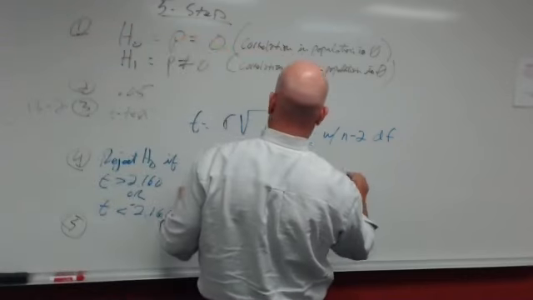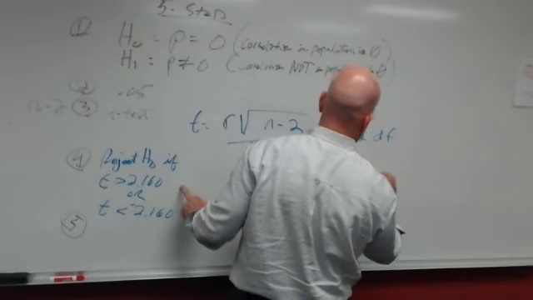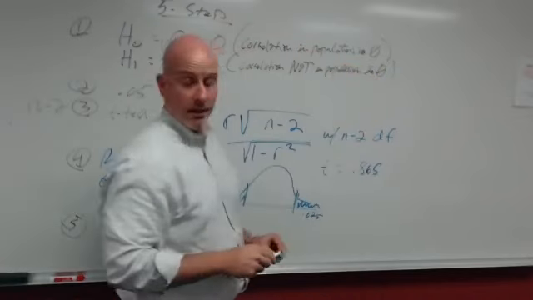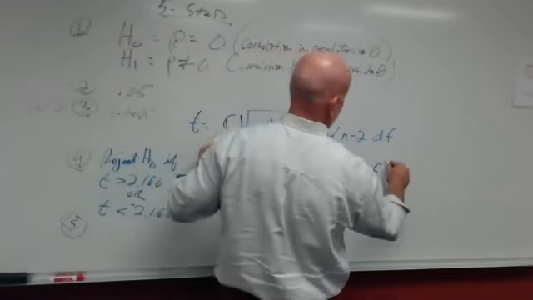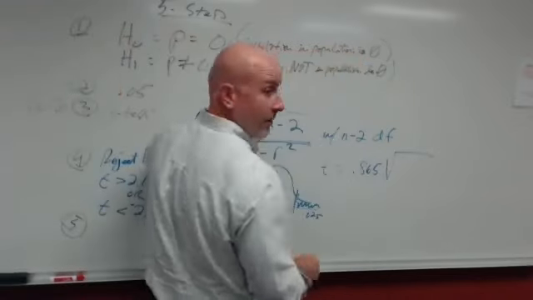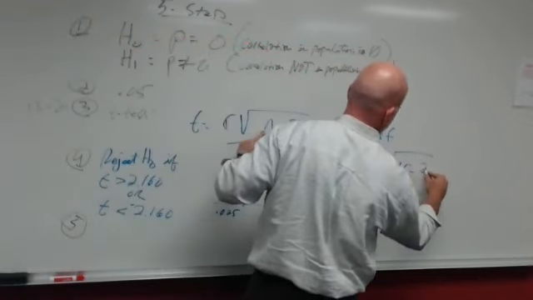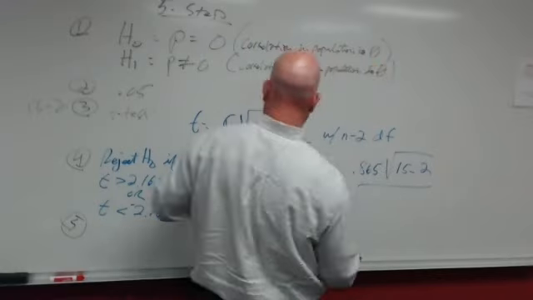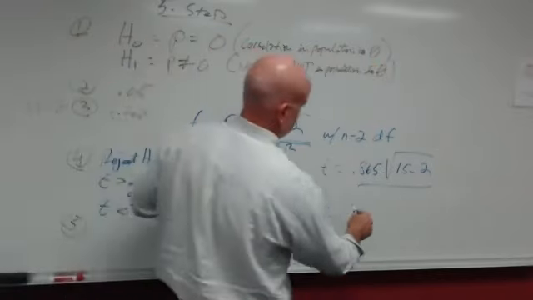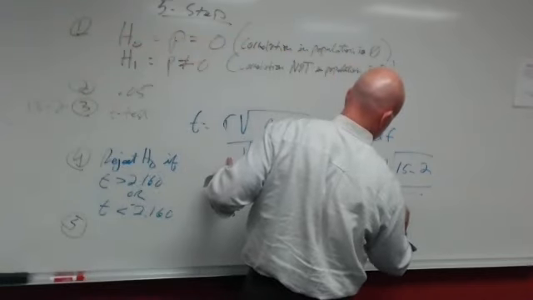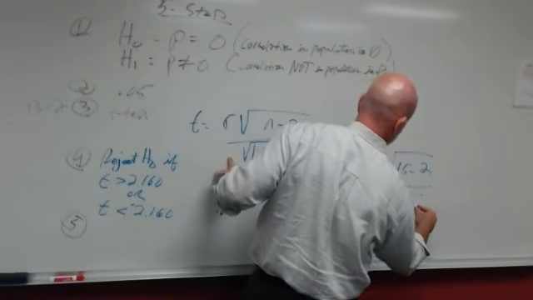So if we solve for this right here: 0.865 times the square root of what was our sample size, 16 minus 2, which was 14, divided by the square root of 1 minus 0.865 squared.